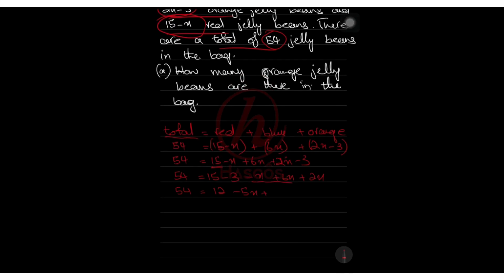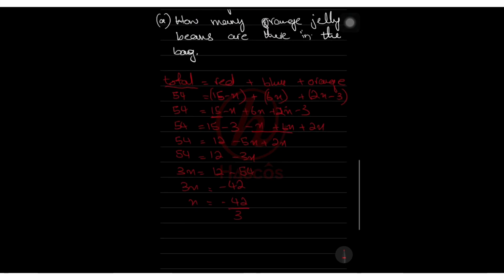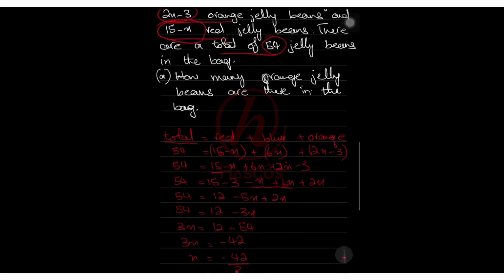We write plus 2x as it is. 54 is equals to 12 minus 3x. 3x is equals to 12 minus 54. 3x is equals to minus 42. X is equals to minus 42 upon 3. X is equals to minus 14.